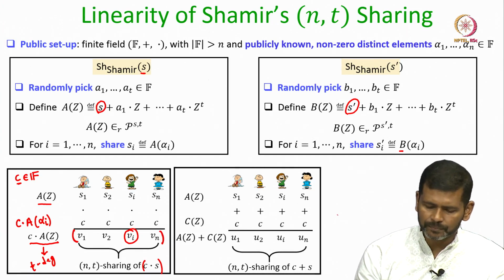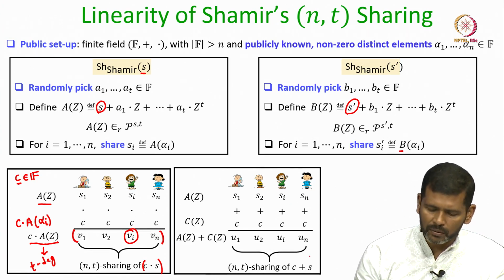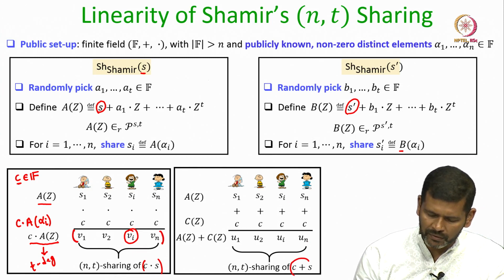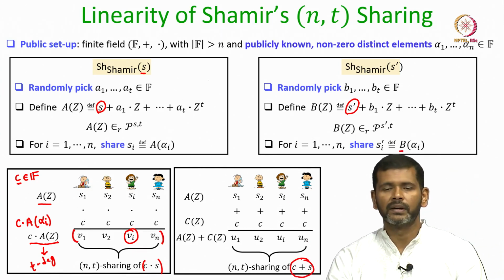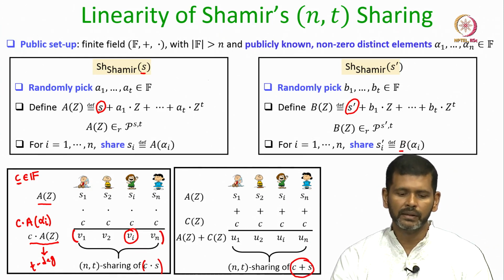In the same way, if the parties want to compute a secret sharing of C plus S, where C again is a constant from the field, then what do the parties have to do? They do not have to interact with each other.